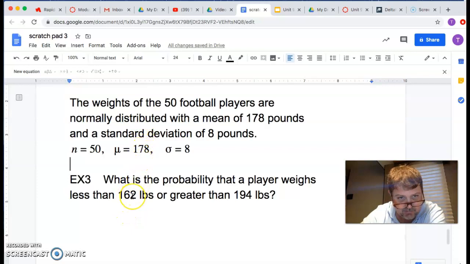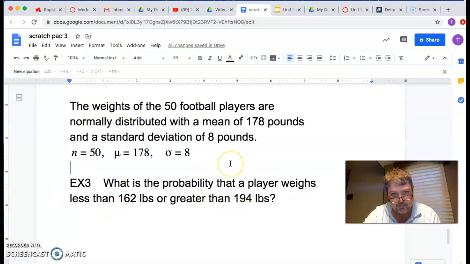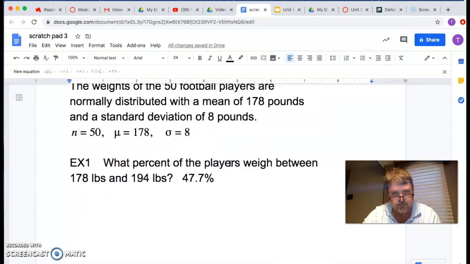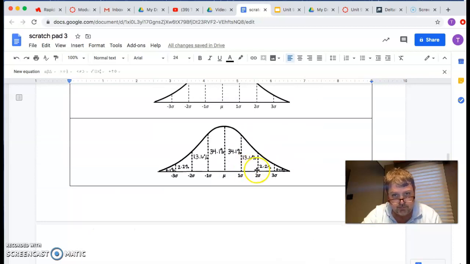178 minus 162, well, that's 16. So there's 2 standard deviations left and 2 standard deviations right. So we're looking to the right of 194 and to the left of 162, and that's 2 standard deviations each way. So we're looking out here and out here, right?